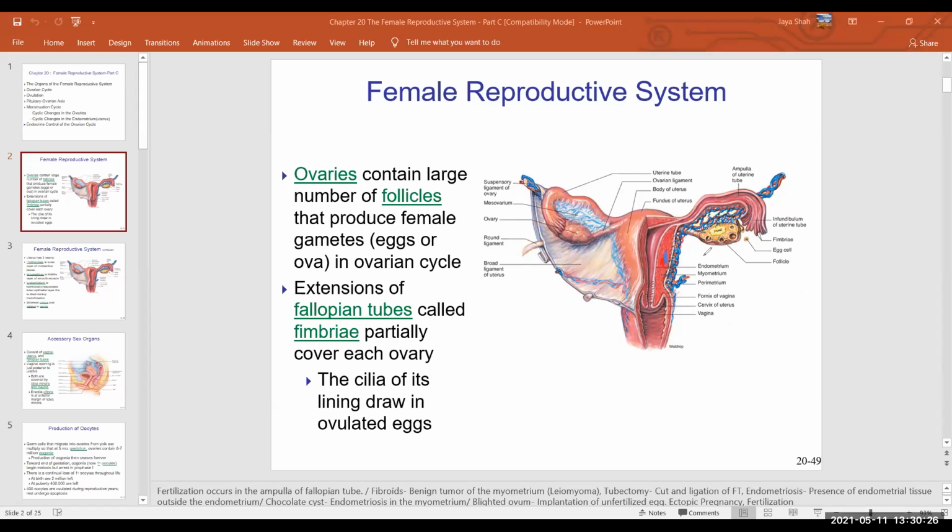Let's say some tissue is in the pelvic cavity, that will bleed too. In rare cases, this tissue can be in the axillary region, the inguinal region, the anal region, anywhere in the body. That is called endometriosis. So endometriosis is the presence of endometrial tissue outside the endometrium. The most common site of endometriosis is the myometrium. Are you following me?